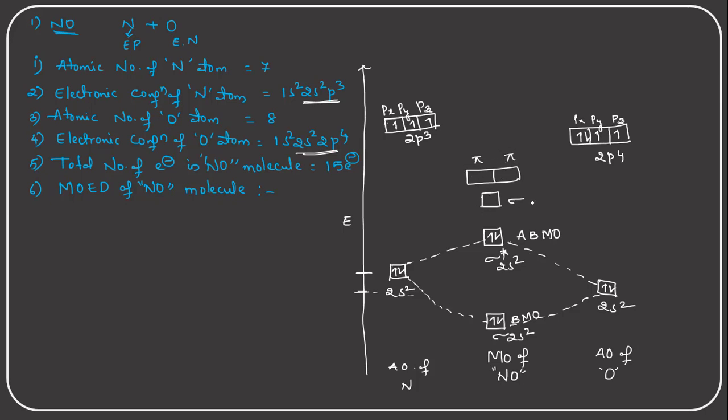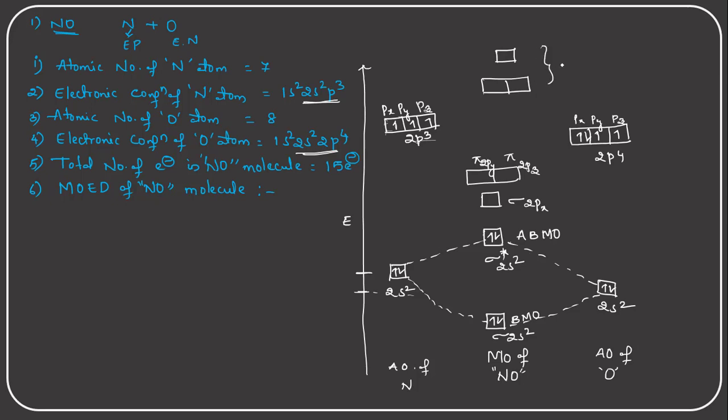And this sigma is because of the merging of which orbitals? 2px orbitals, right? And pi orbital is the result of the merging of 2py, and this is the result of a 2pz orbital. And similarly, the molecular orbital bonds also take place, meaning anti-bonding molecular orbitals and bonding molecular orbitals.